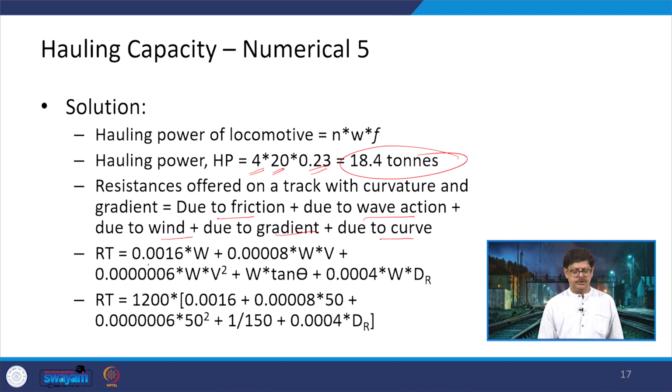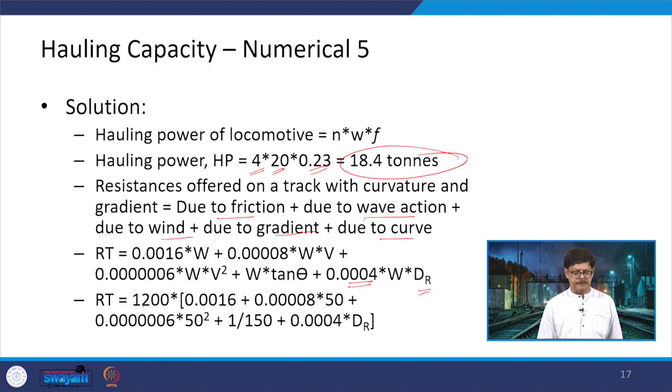The initial ones are 0.0016 W, then 0.00008 W into V, plus 0.0000006 into W into V square, plus the gradient effect, that is W into tan theta or W into G, plus the effect of the curvature for a broad gauge track, which is defined by the coefficient 0.0004 into W into Dr, the degree of curvature. This degree of curvature is to be found out, and the rest of the values have been given to us.